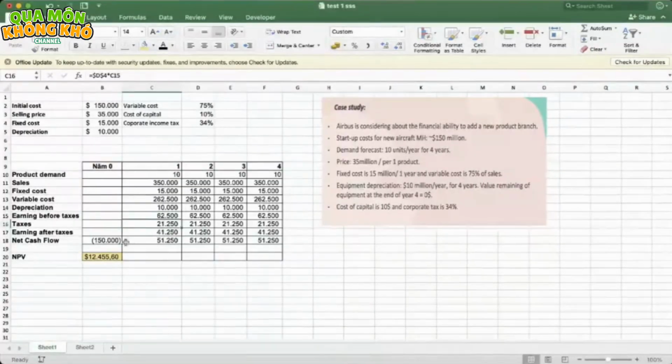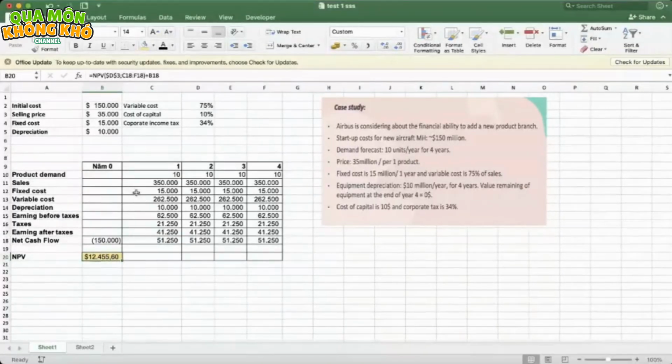From this, we can get the net cash flow, which is the earnings after tax plus depreciation. Because in the first year the initial cost is about $150 million, this is a negative number in the net cash flow, and we can easily get the net present value.